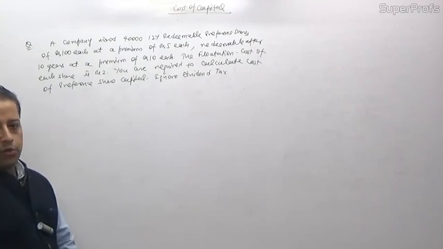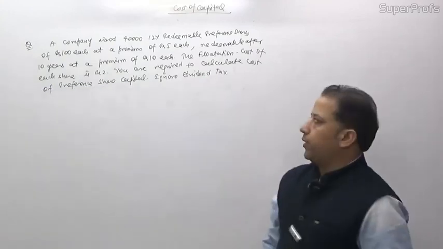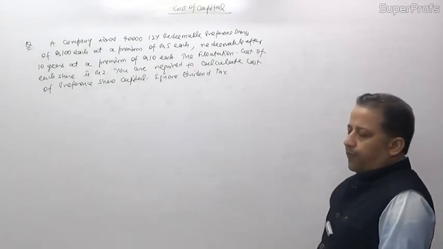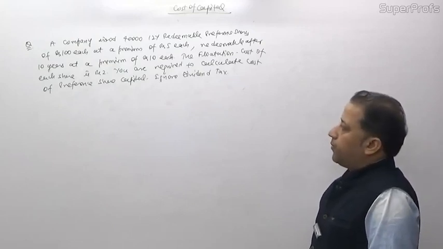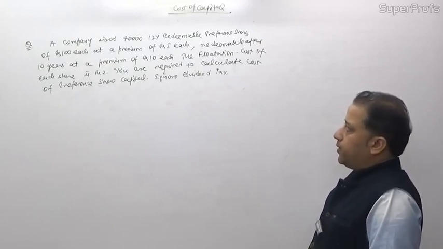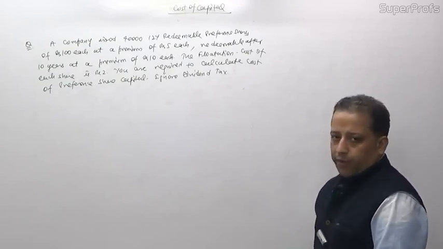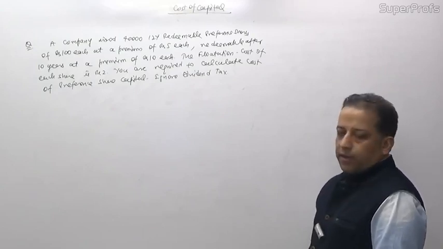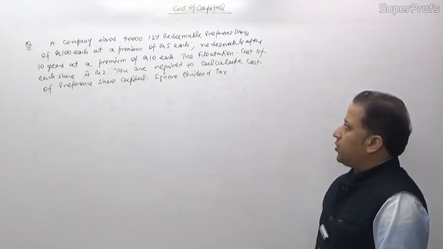So the company issues 40,000 12% redeemable preference shares of rupees 100 each at a premium of rupees 5 each, redeemable after 10 years at a premium of rupees 10 each.